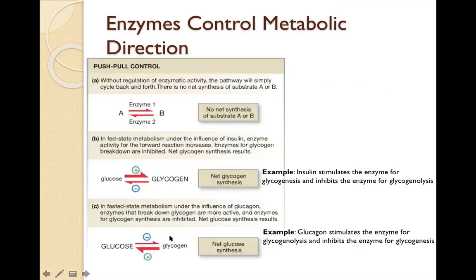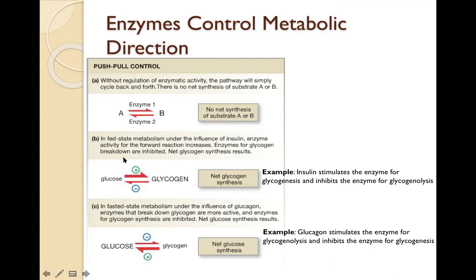And so if we look at the control of metabolic reactions, there's a metabolic reaction where substrate A is getting converted to product B, and there's enzyme 1 and enzyme 2, and if there are equal amounts of A and B, there'll be no net synthesis of A or B.